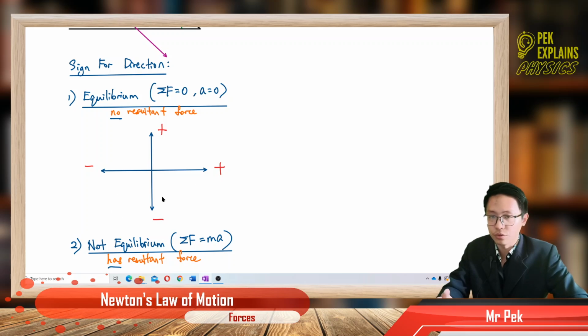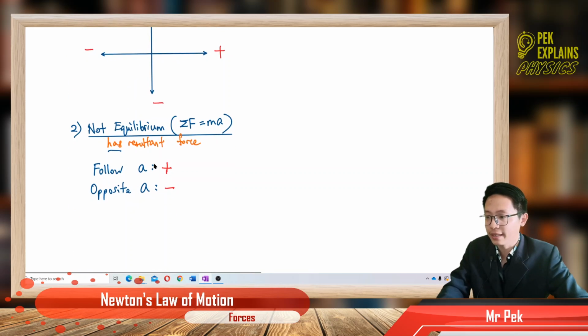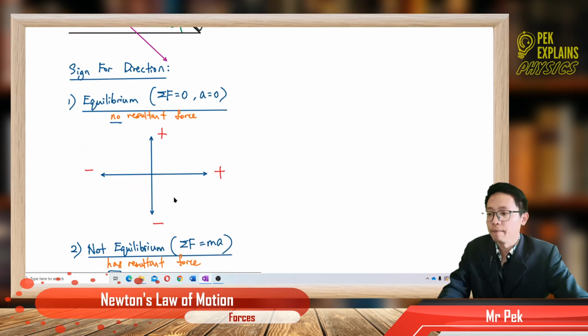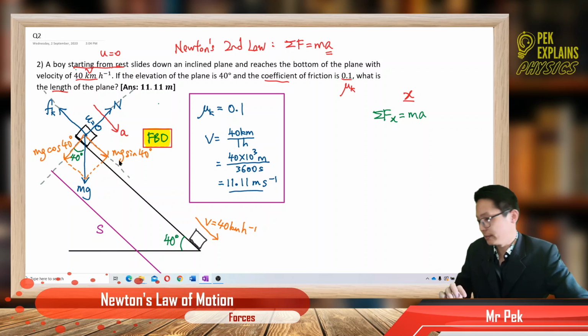But if the object has resultant force, which means it is not in equilibrium, it uses Newton's second law, total F equals ma. When the object has acceleration, the sign follows the acceleration: following acceleration, positive; opposite acceleration, negative. Good. Now, we must put the sign here.